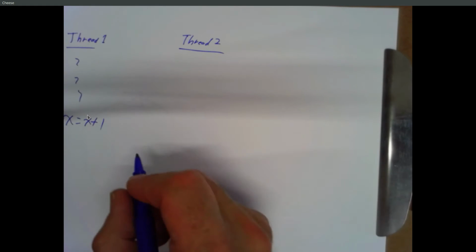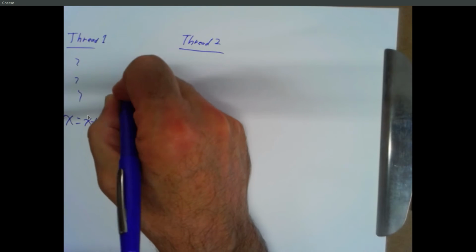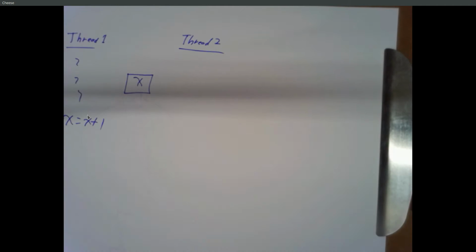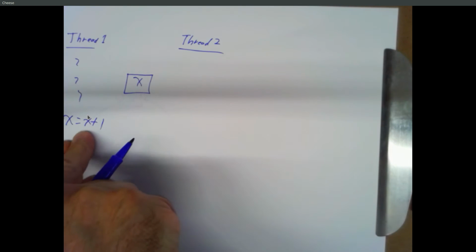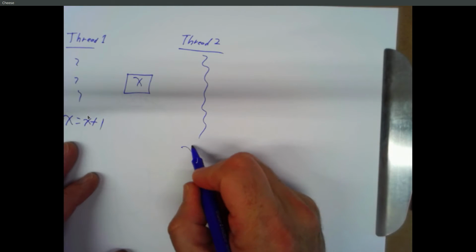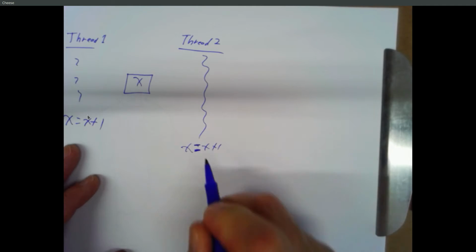So let's suppose that some stuff happens, and somewhere thread 1 wants to increment the value of x. So x is some piece of memory that's shared. Maybe this is counting the number of times that something happens. So something happens in thread 1, it wants to increment the value of x. Something happens in thread 2, and at some point it wants to increment the value of x.